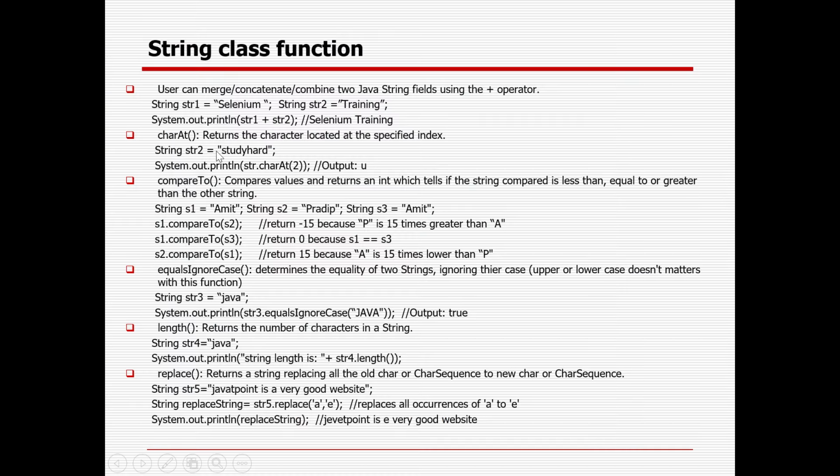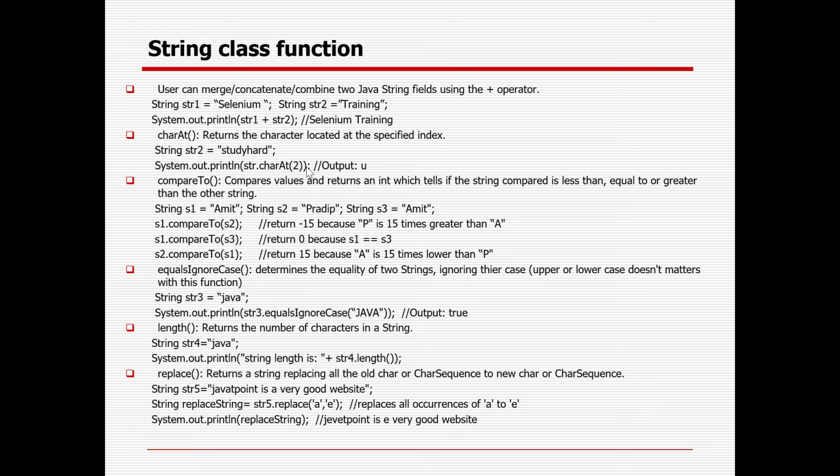Then charAt. In case there's a string and you want to know what character is at the second or third index, everything will start with 0. So in case your string has a total length of 5, the length will be 5 but the positions will be 0, 1, 2, 3 and 4.